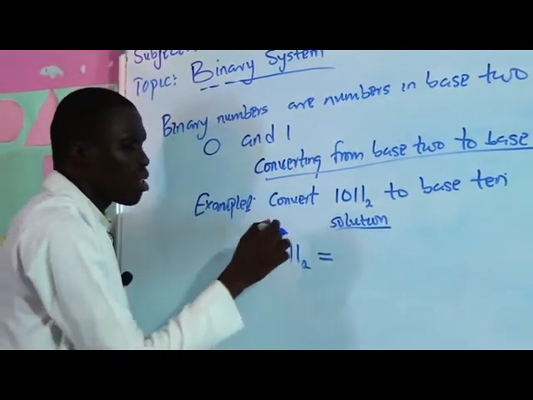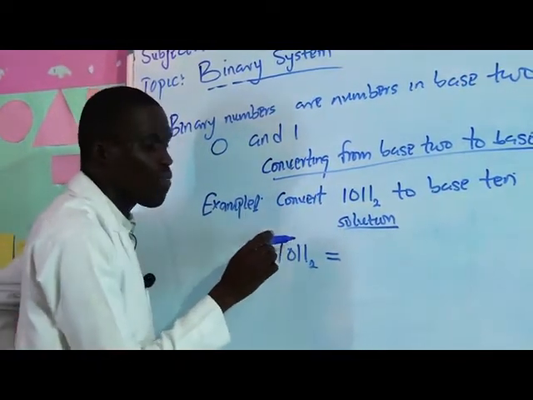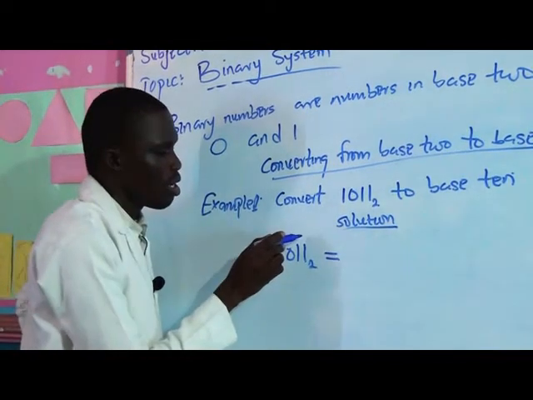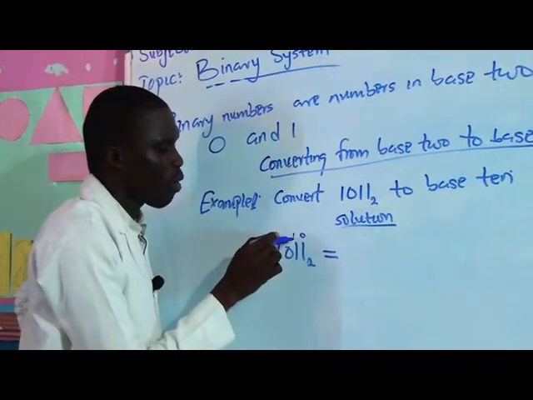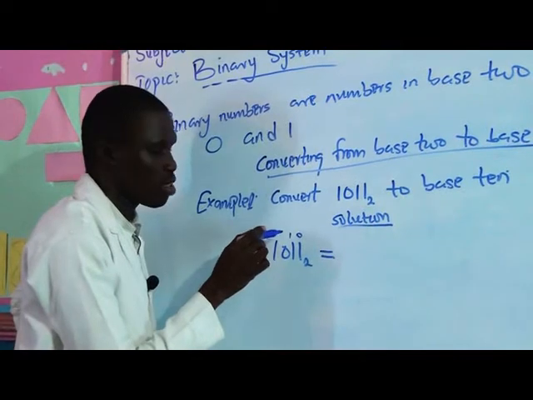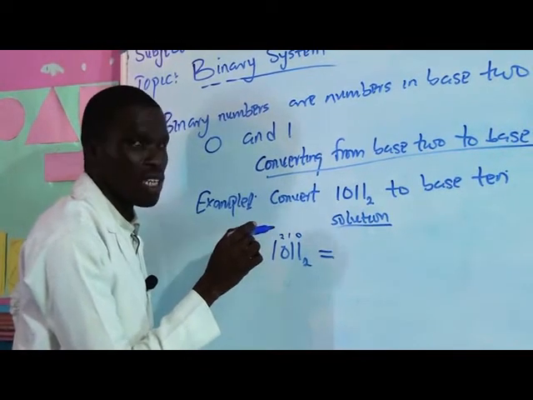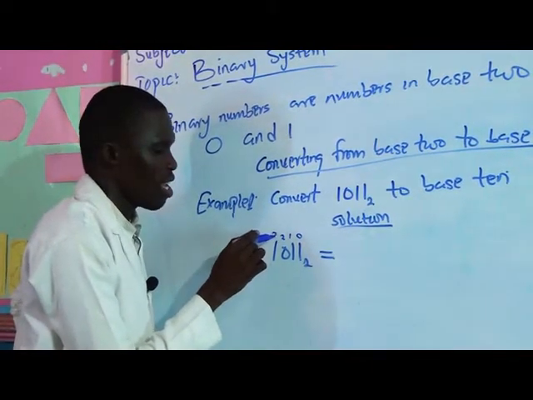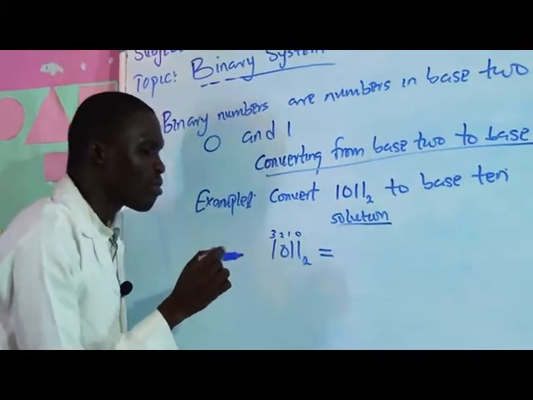You start from your right hand side, start counting from 0, 1, tell me the next, 2, okay, tell me the next, 3, okay.